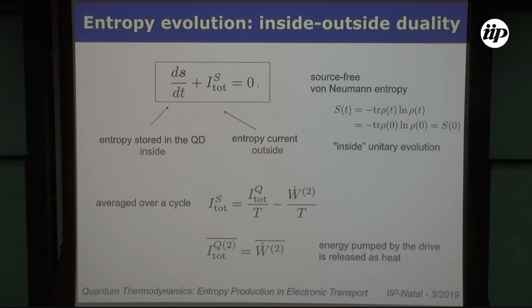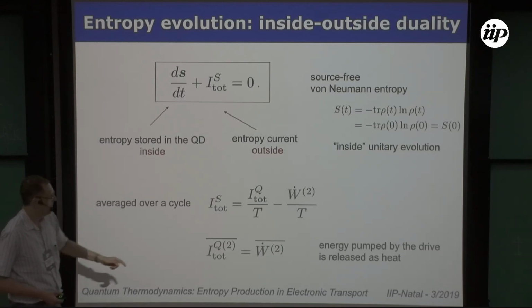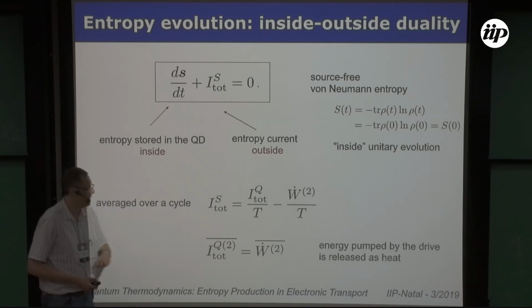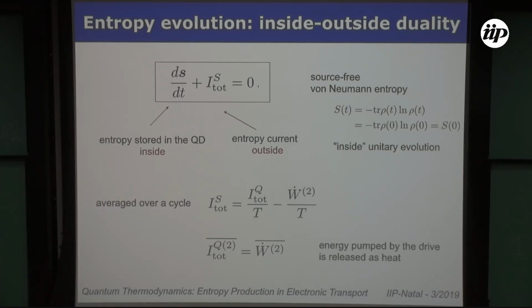Using that, by measuring what happens outside, you can infer what you can obtain from the inside of the drive. Then you can play all sorts of games. You can average over the cycle. Since you don't have a bias, basically the current will go in and out. But by the end of the day, you know that there is some energy pumped by the drive, and this is released into heat, and we can show that.